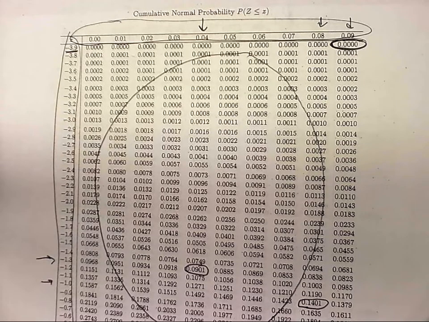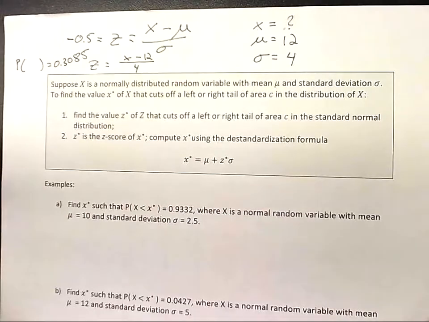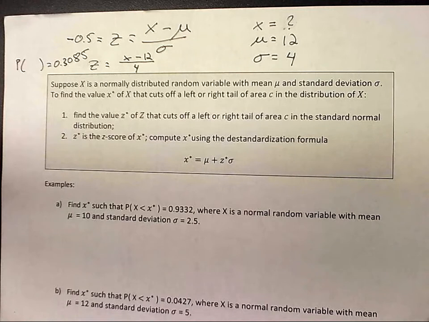The confusion, I think, starts to come in now in this section because what we're doing is that we're given a percentage. This is a percentage. This is not the z value. We look up the percentage now in our table to find the z value. And after we find the z value, we plug it in right here.